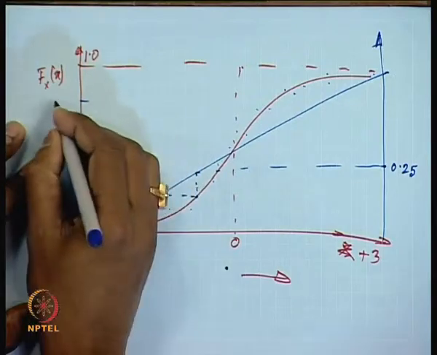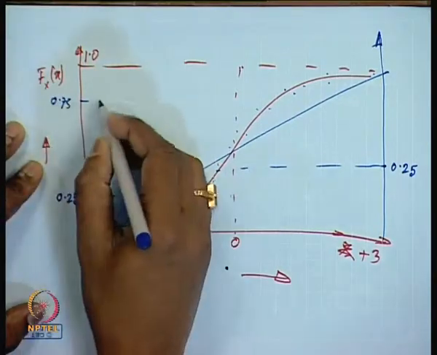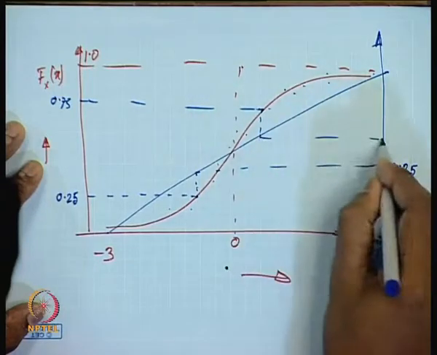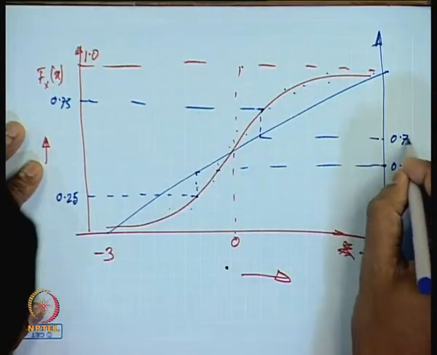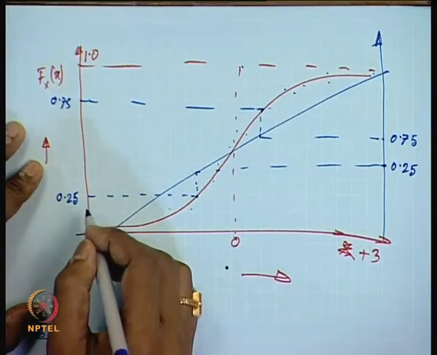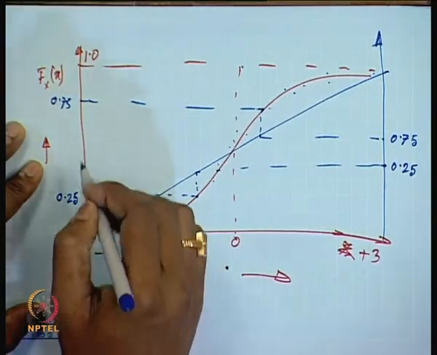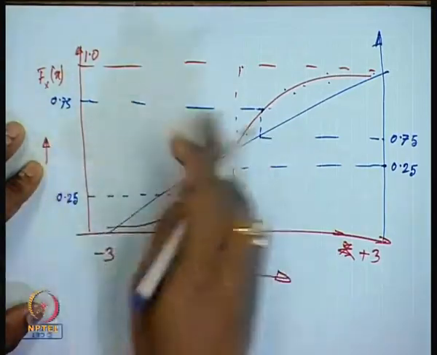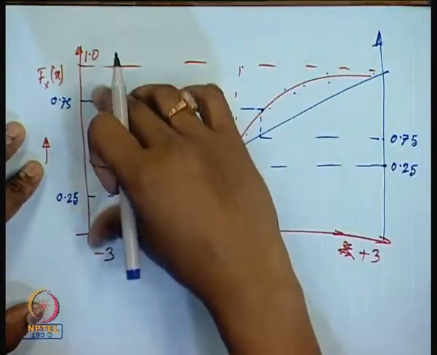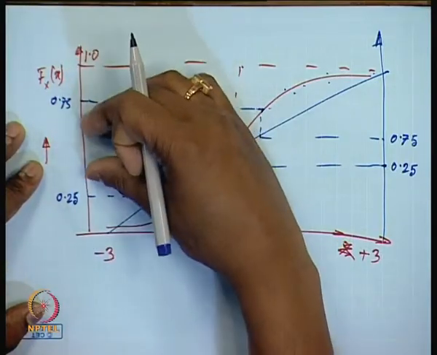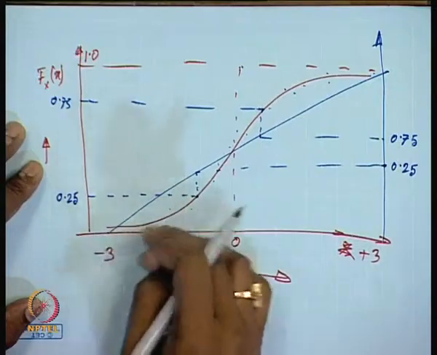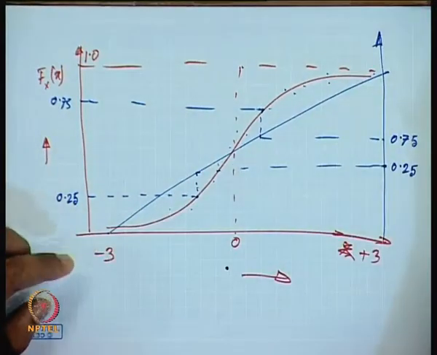Similarly, suppose I start from 0.75 here, go to this one first, come to this straight line and go here, so I write 0.75. Similarly for 0.05, 0.1, 0.15, all these points. I am squeezing some parts and expanding some parts of this axis in such a way that this red curvilinear path is stretched to a straight line.